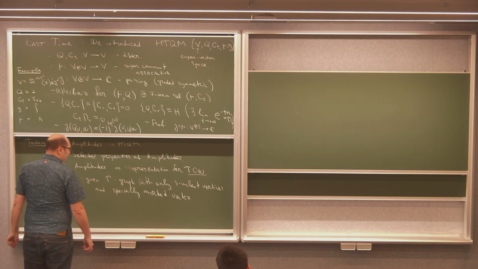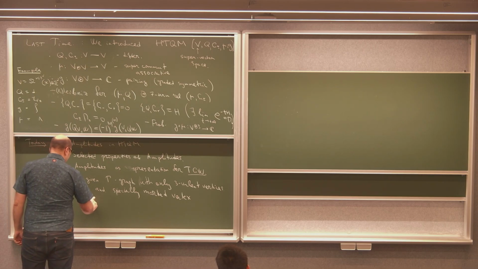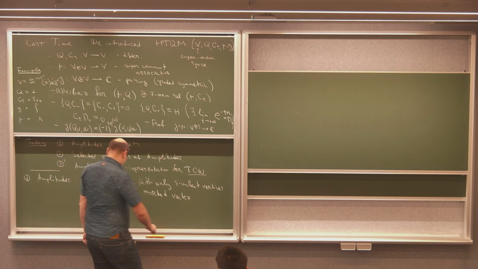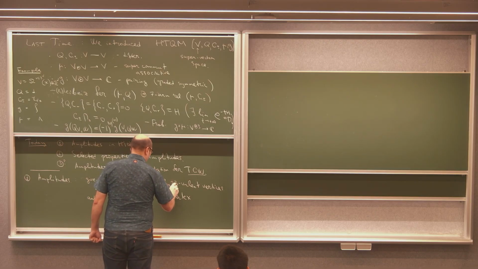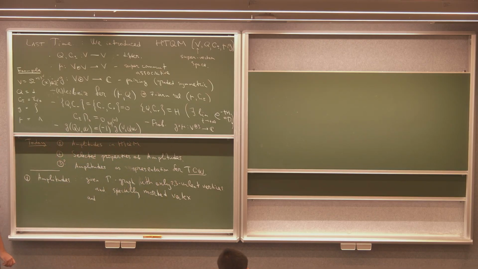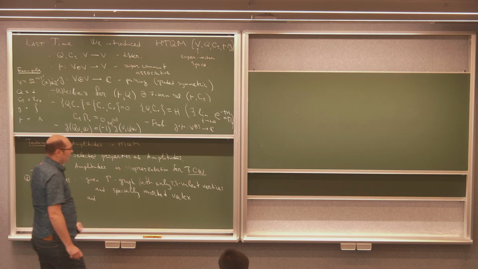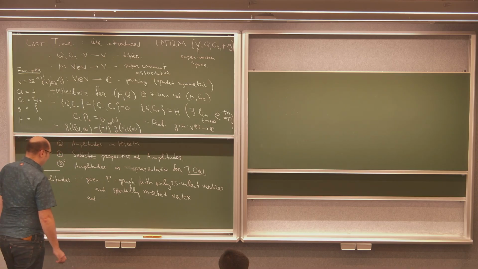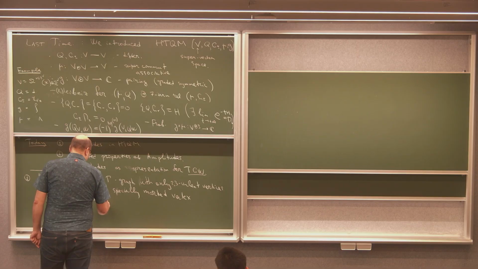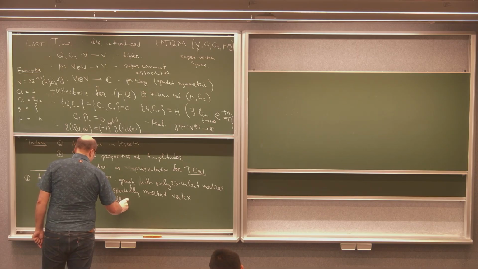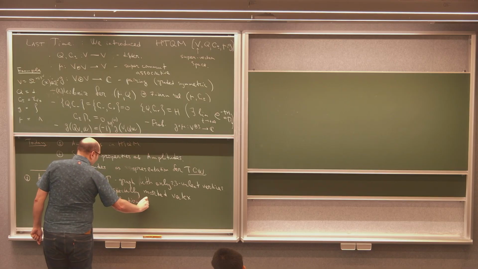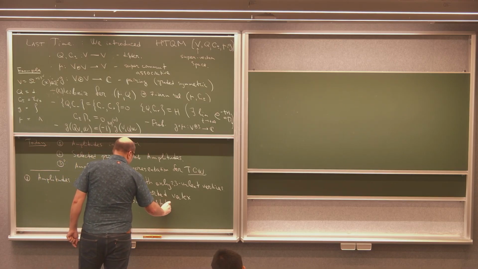Given this, let me be more careful. We will look at tropical curves with a marked point. We will allow two types of vertices, two- and three-valent vertices, and a collection of states.